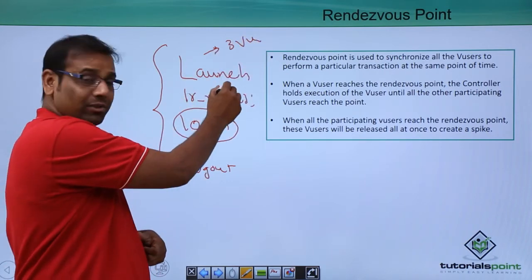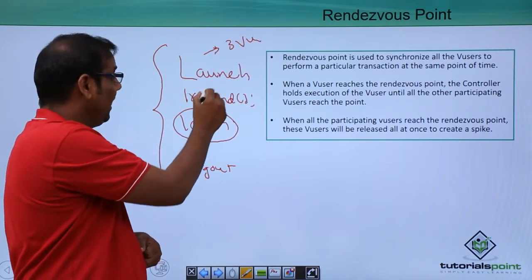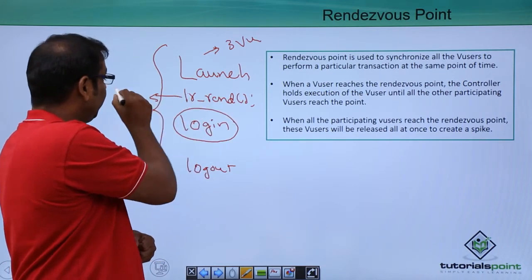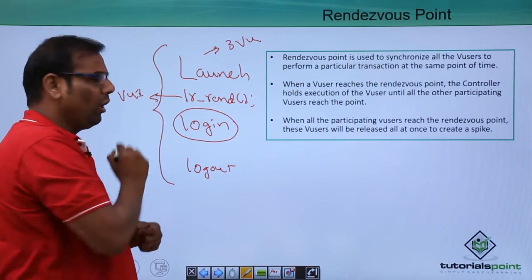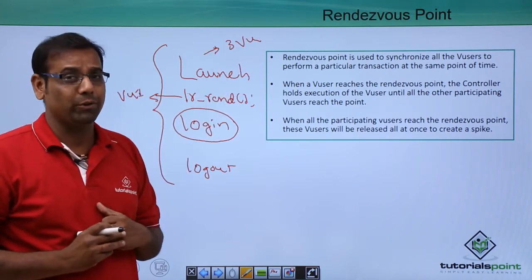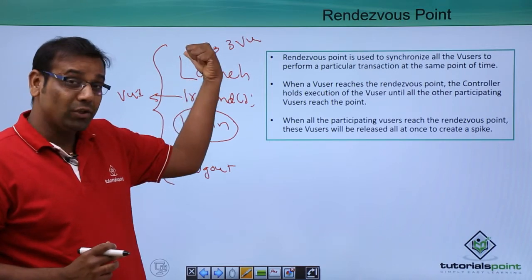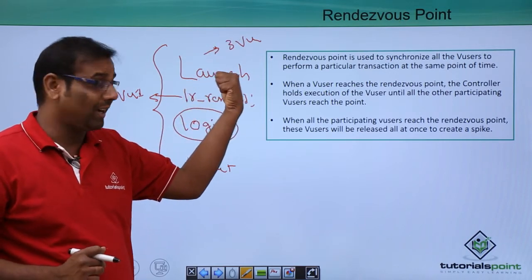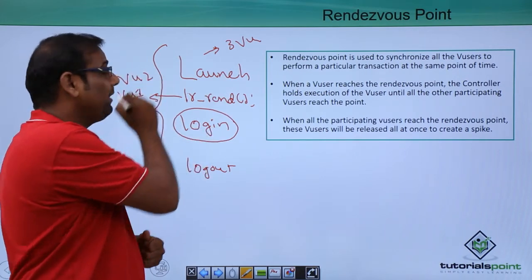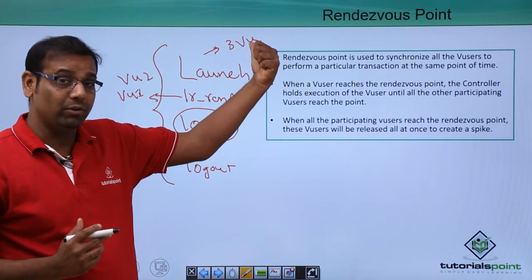Now the first virtual user will execute the launch transaction, but he will not execute the login transaction. He will come over here and wait. What is this first virtual user waiting for? He is waiting for the other 2 virtual users. Now the second virtual user also executes the launch transaction, comes over here and waits. He is waiting for the third virtual user.